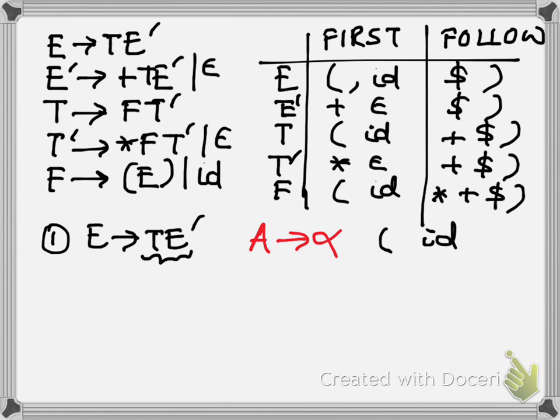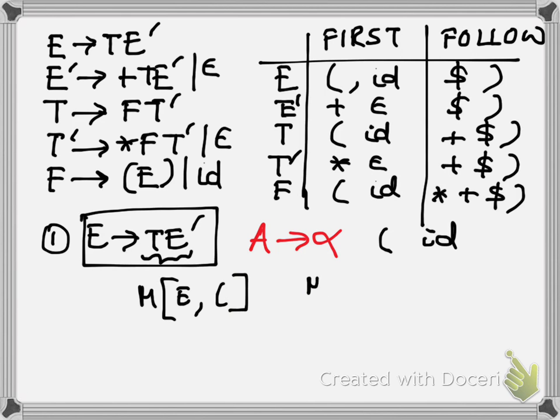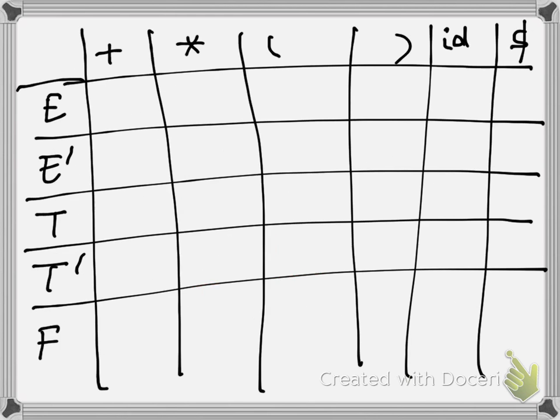So we enter this production in M[E, open parenthesis] and M[E, ID].